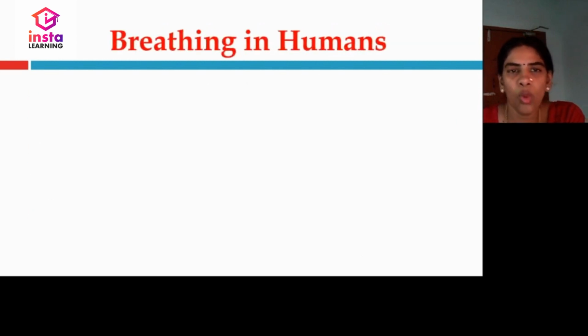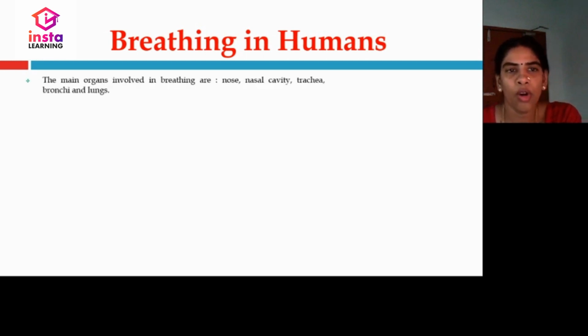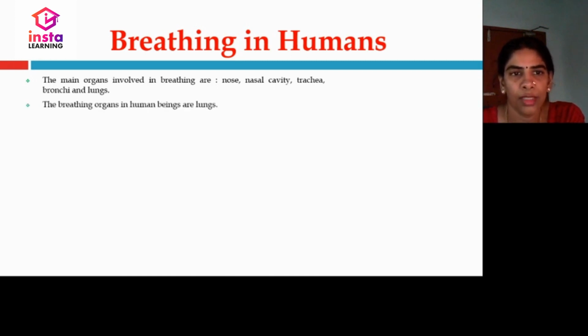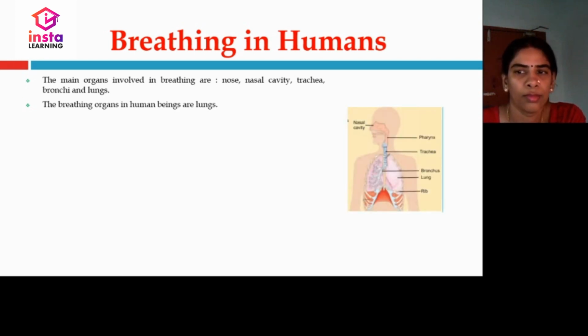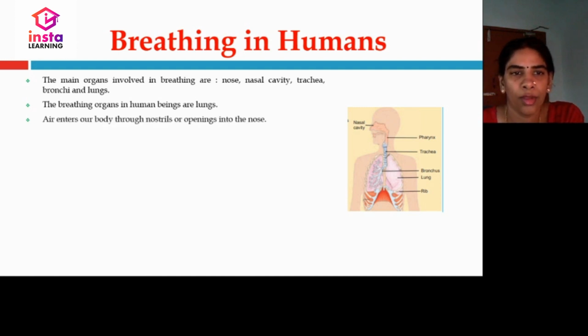Let us see how breathing takes place in humans. The main organs involved in breathing are the nose, nasal cavity, trachea, bronchi and lungs. The breathing organs in human beings are lungs. Air enters our body through the nostrils, that is, the opening into the nose.